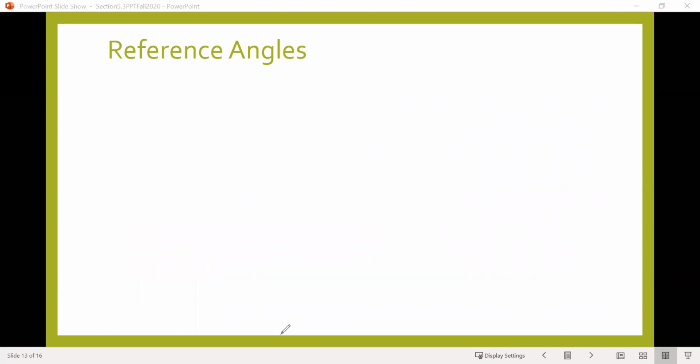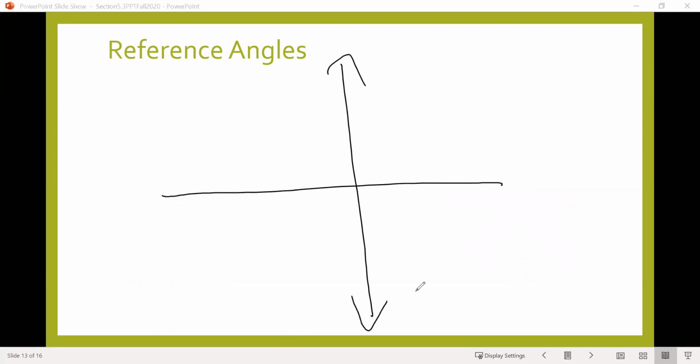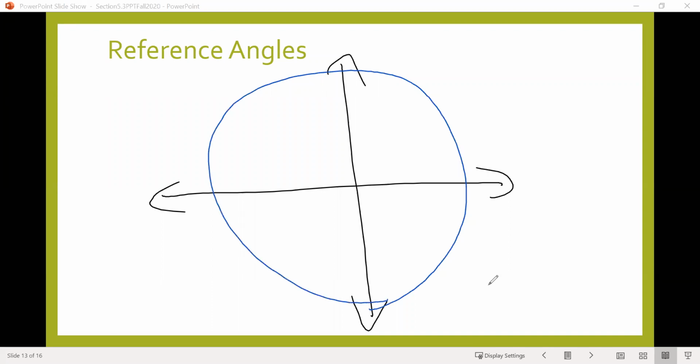So I'm going to go ahead and again draw my unit circle here. Okay, so that looks something like this, and I know that's terrible, but just bear with me.